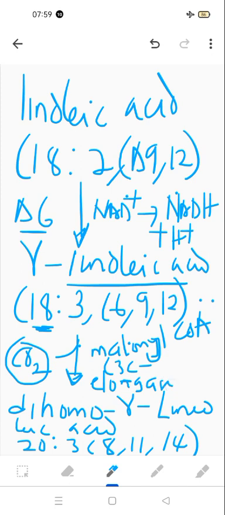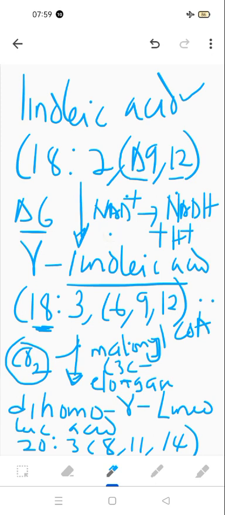So let me just reiterate, starting with linoleic acid, which is an 18 carbon fatty acid with 2 double bonds in position 9 and position 12.